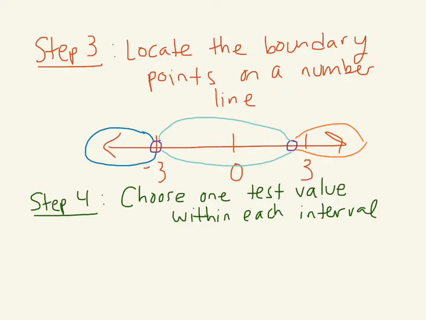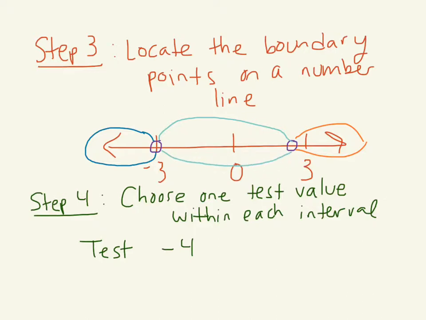So within each of those intervals, I need to pick a test value and plug it into my polynomial. So for example, from this interval here, -3 down to -infinity, I'm going to go ahead and test -4. From this interval between -3 and 5 halves, I can pick any number in between there.